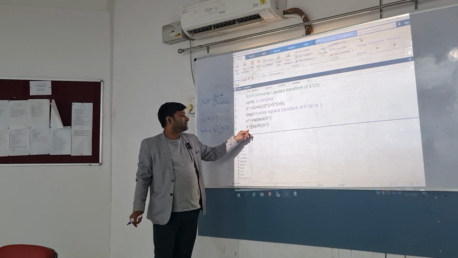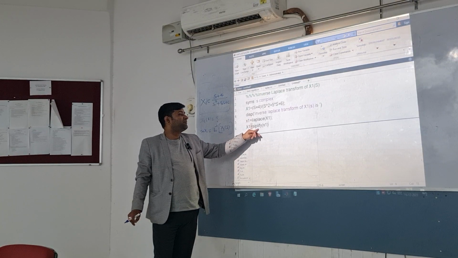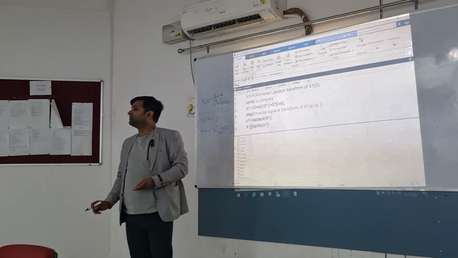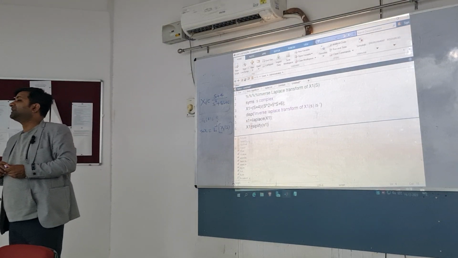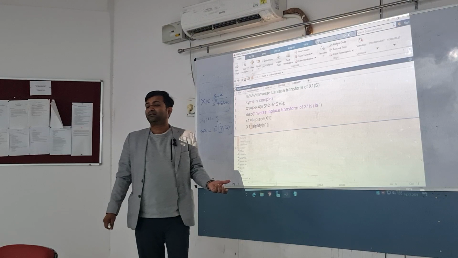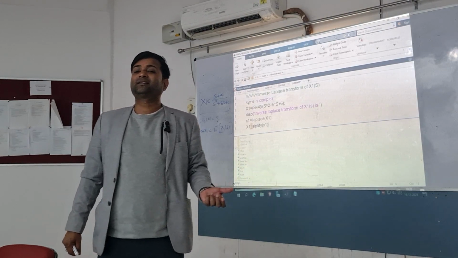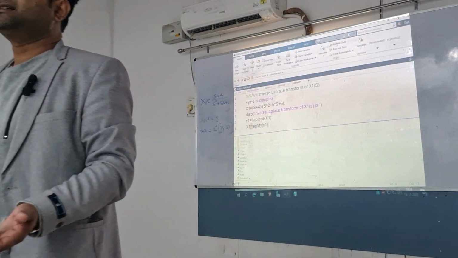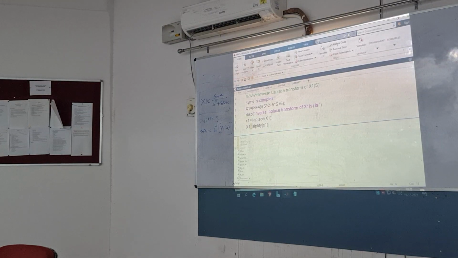You have x1 is simplify. These complex terms can be simplified by the simple command simplify. And then this is a comment: display the inverse Laplace transform of the given function.